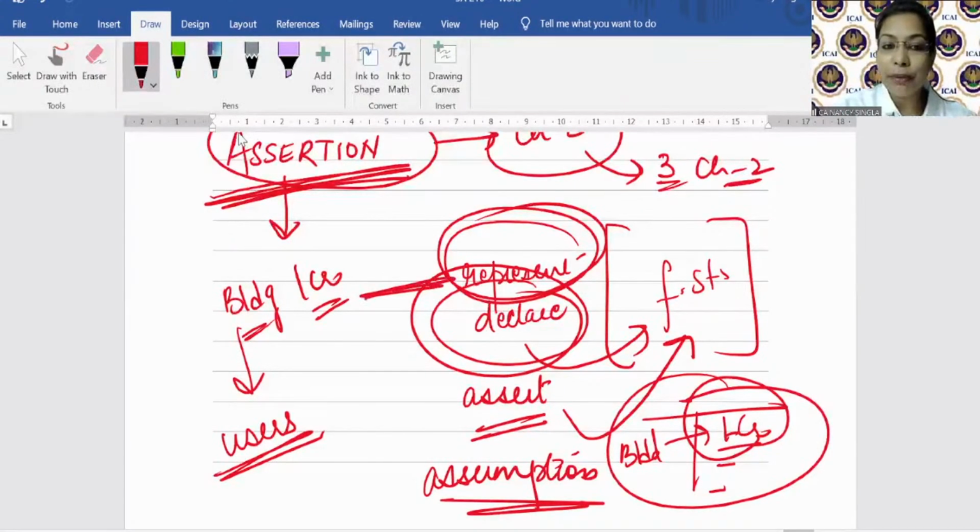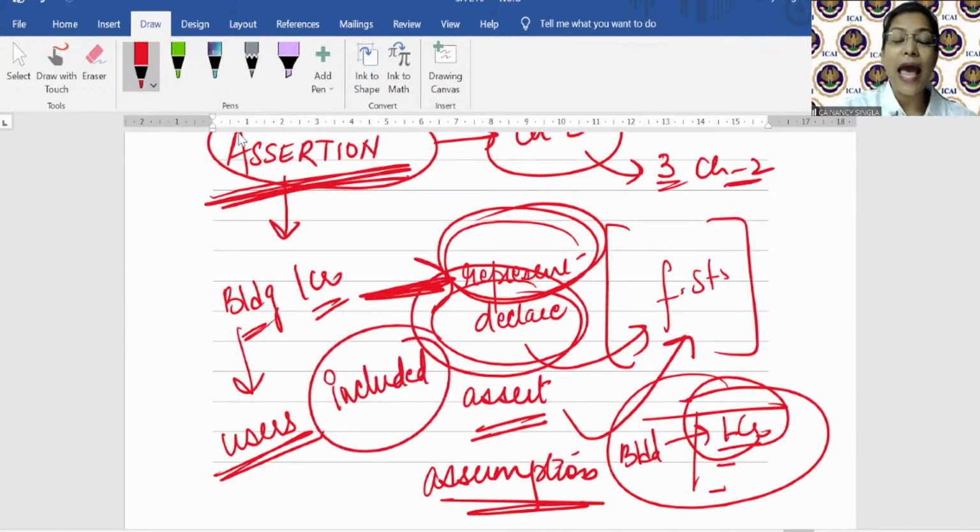So the representations by the management, explicit or otherwise, expressly mentioned or implied, which are embodied in the financial statements. Embodied is what? Included in the financial statements. And all these assertions are used by the auditor to see whether there are possible misstatements.